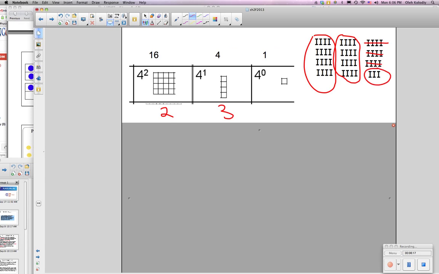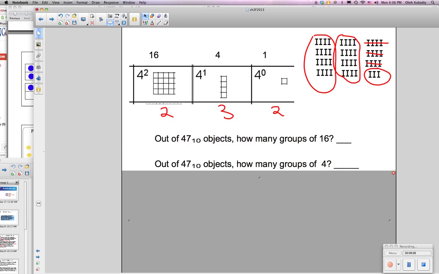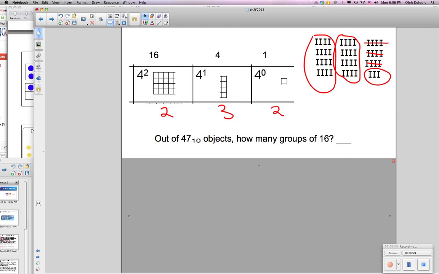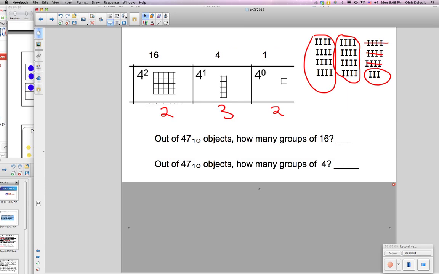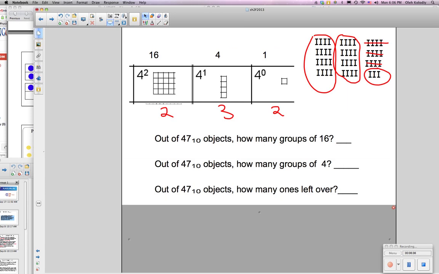Now, if I make two groups of 16, this is what would be left right here. Out of this, how many groups of 4 can I make? Well, you can see 1, 2, 3 groups of 4. And how many are left over? Well, you can see there are 3 left over. So 47 in base 10 can be written as 232 in base 4.